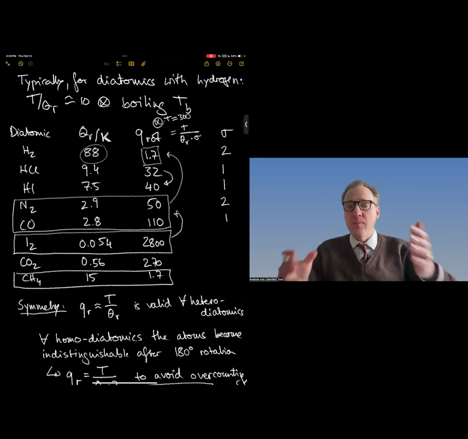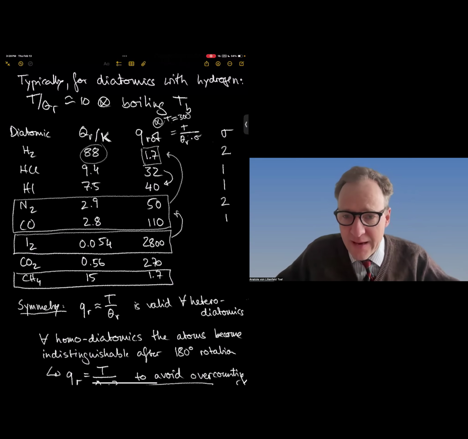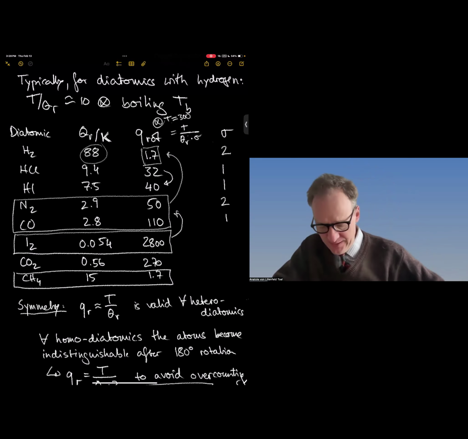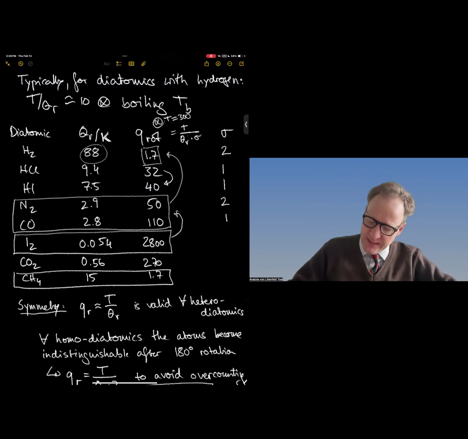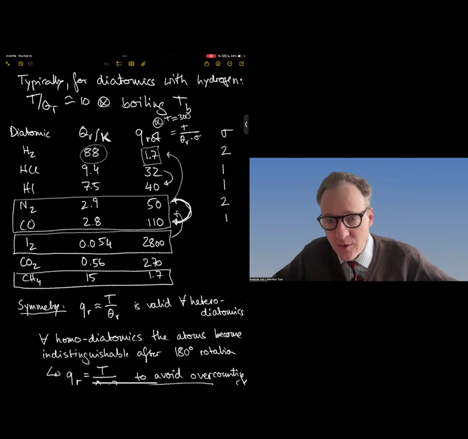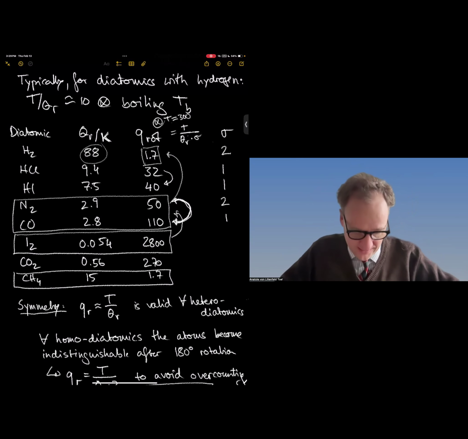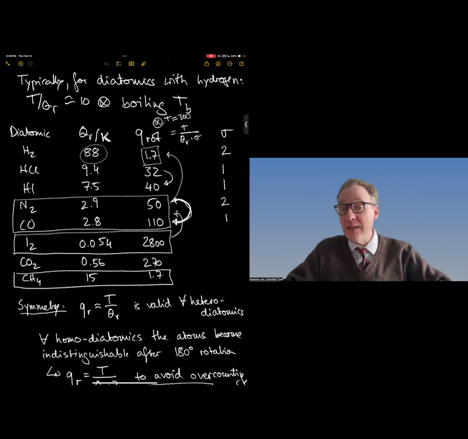Now, the bond distance and the effective mass of these two molecules are very similar, and this is the nice example for distinguishing these two molecules. You see that due to the symmetry factor, the partition function of CO is twice as large as the one of N2.